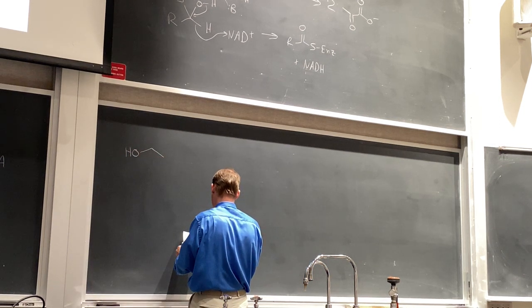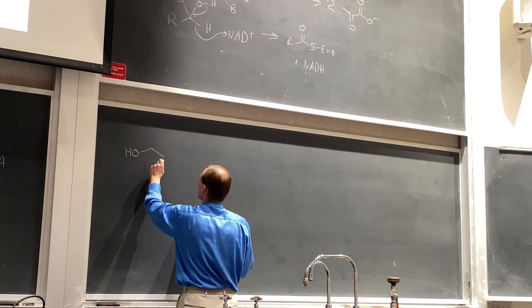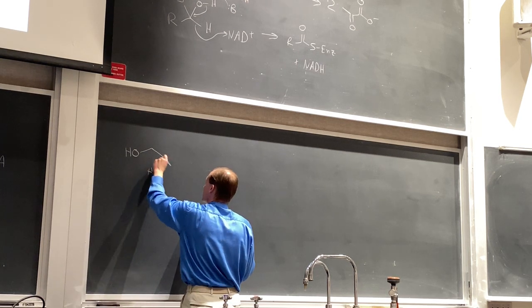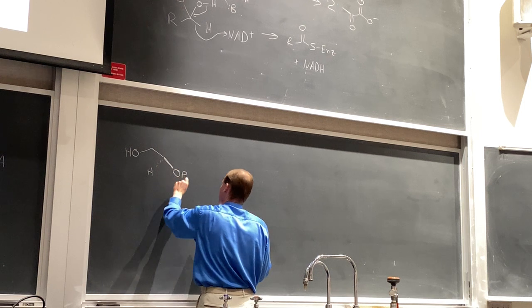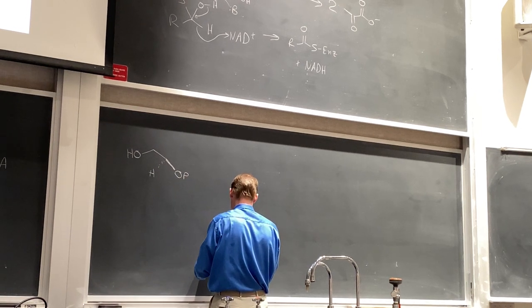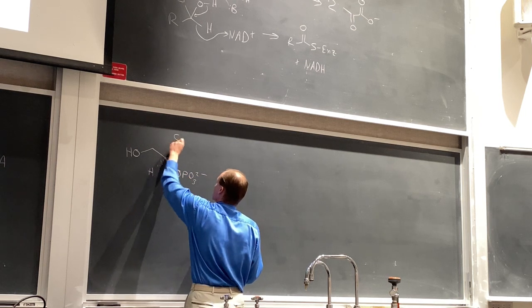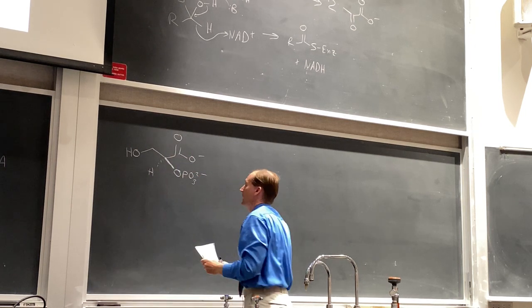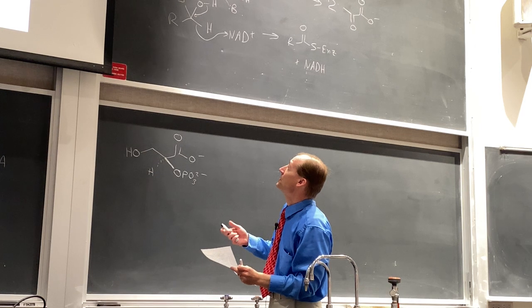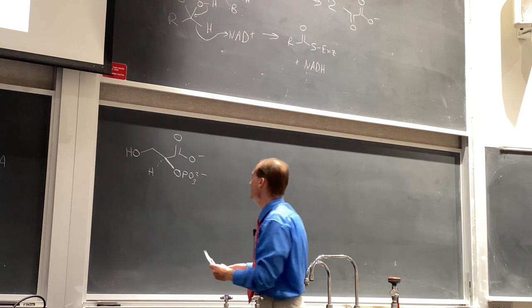So let me make sure I get my stereochemistry right here. And my phosphate. Okay, so this is our intermediate, our 2-phosphoglycerate that we have here.